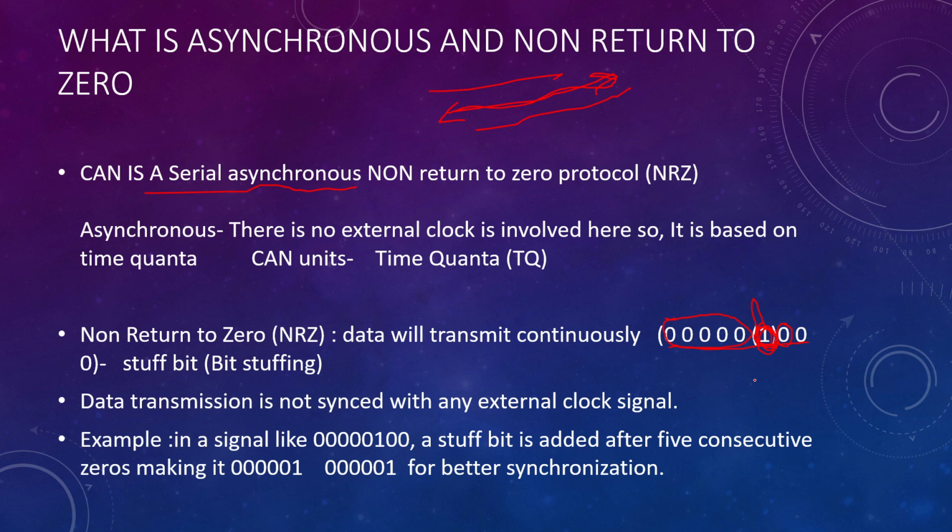See here, the data transmitted is not synchronized with an external clock signal. If data is sent without synchronization, the data may be mismatched or corrupted, because if you send 5 bits of the same data, sometimes it will change to ones, sometimes to zeros.